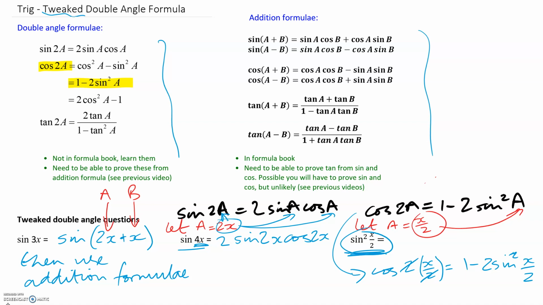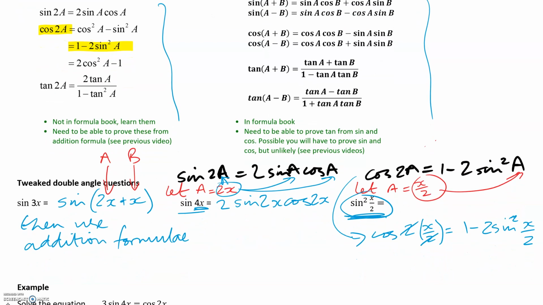If we rearrange this, we will get sine squared x over 2 equals 1 minus cos x all over 2. So that is helpful to do sometimes.